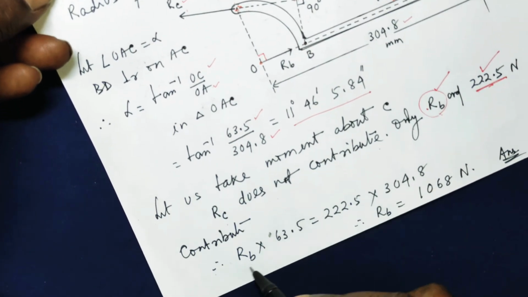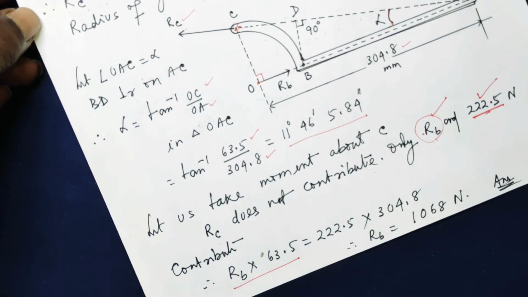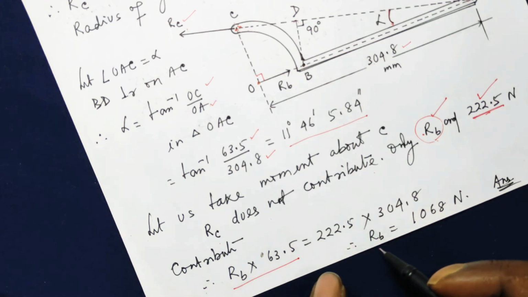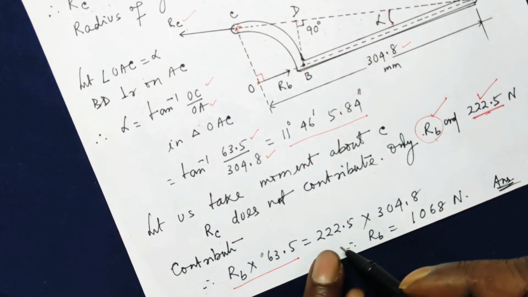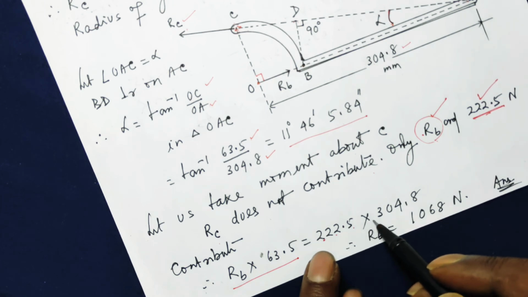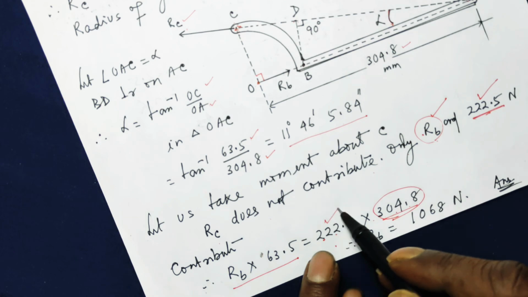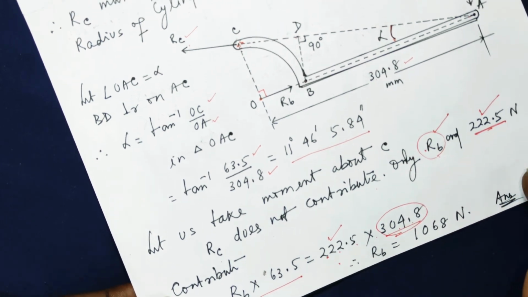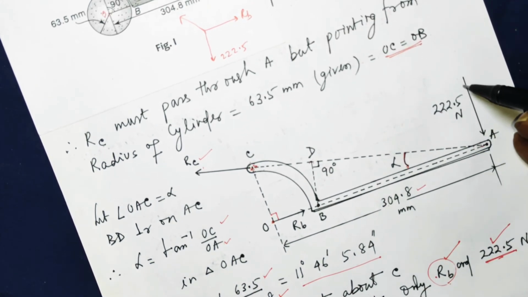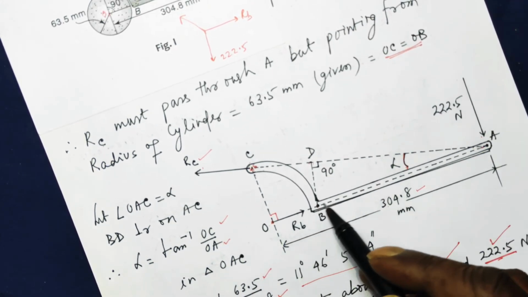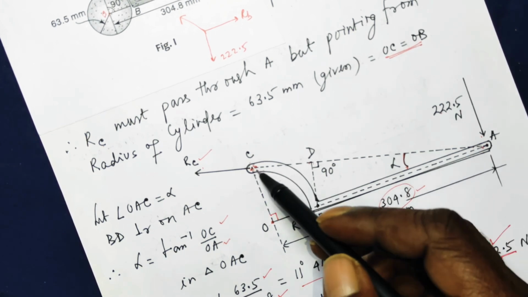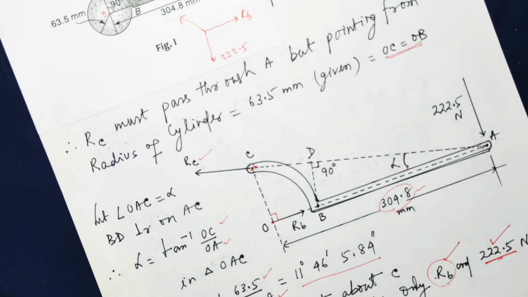So RB times 63.5 is an anti-clockwise moment about point C. So that must be balanced by the clockwise moment, that is 222.5 times 304.8, because this is the perpendicular distance of this force from the moment center C. Now this force has this perpendicular distance, that is 304.8, from C as the moment center.